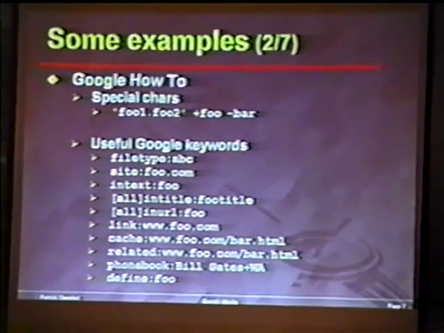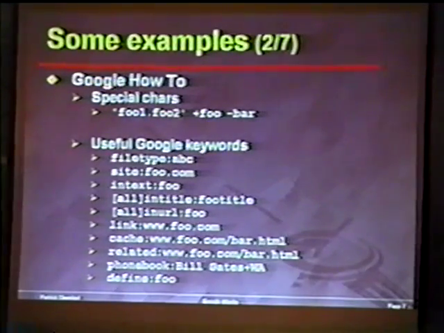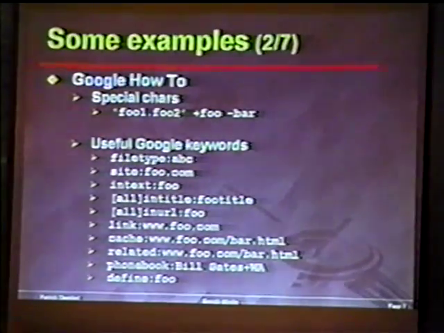You read directly the cached version. Related is to find pages that look like a page that you specify. And just for fun, you can also use the phonebook keyword to make a search in the phone book and find someone.